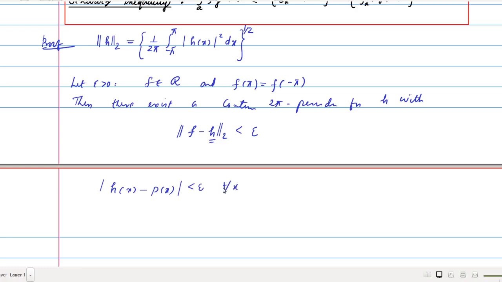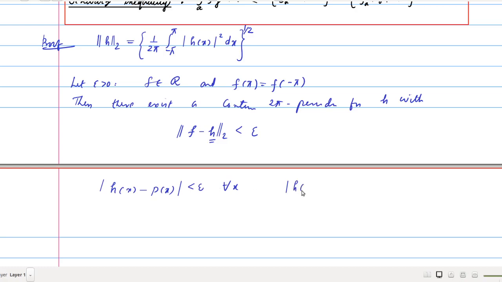Okay, so by considering this, we can easily convert it to a norm. That is, when you consider this one, then you can get the square is also less than epsilon square.